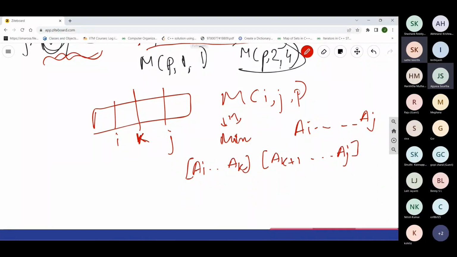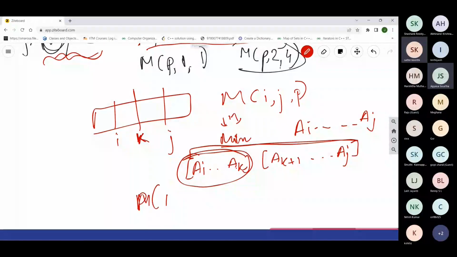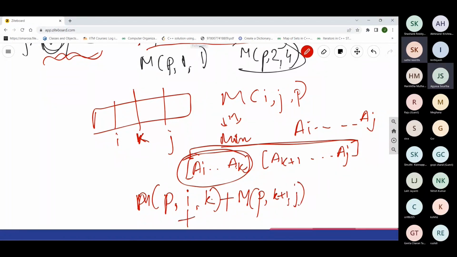So I need to find the cost of multiplication of these matrices. First, I'll call the function on this set of matrices, that is from i to k. If the function is m of p, array, index i and k, that will give me the cost of multiplication of the matrices from i to k, plus the cost of multiplication of the matrices k plus 1 to j. And after this, you also need to add the cost of multiplication of the resultant of these two matrices, which will give you the total.